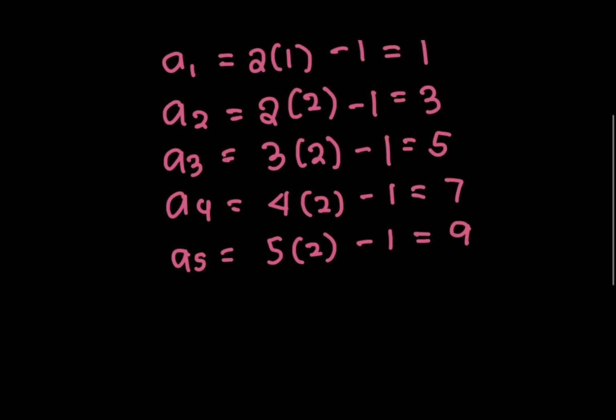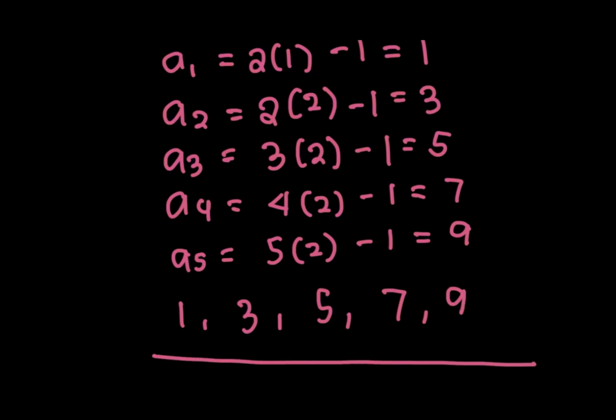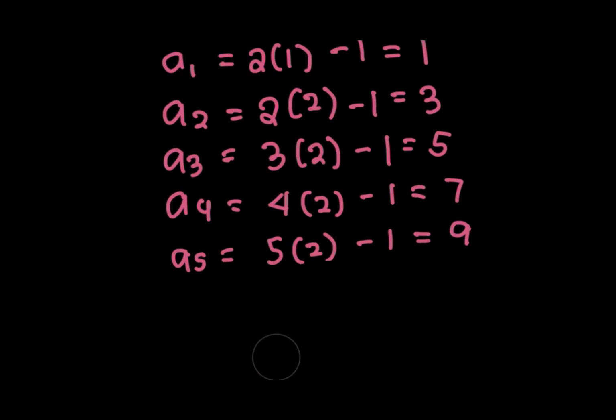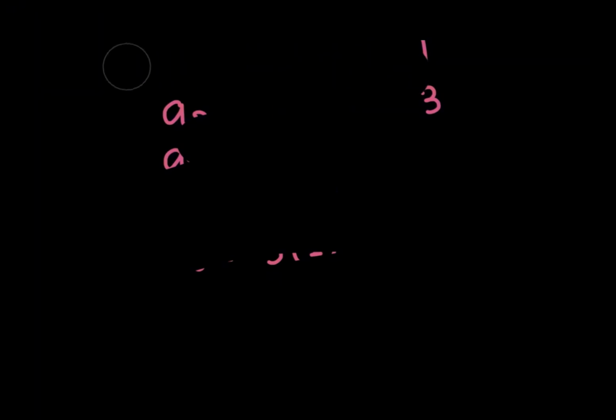And notice that these are the first 5 odd numbers because the sequence is 1, 3, 5, 7, 9. So therefore we have these 5 terms that are odd numbers. Okay, so that is for example number 2.